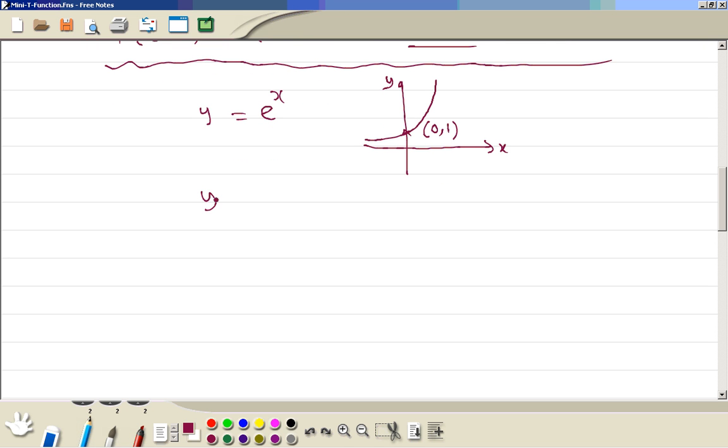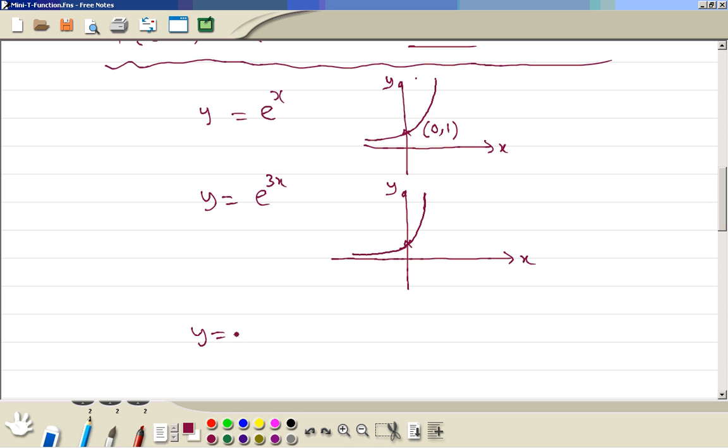What happens if y is equal to e to the power 3x? So this is a stretch in the x direction with a factor 1/3. So this point stays the same, but the graph comes like this. So that height there is achieved earlier.